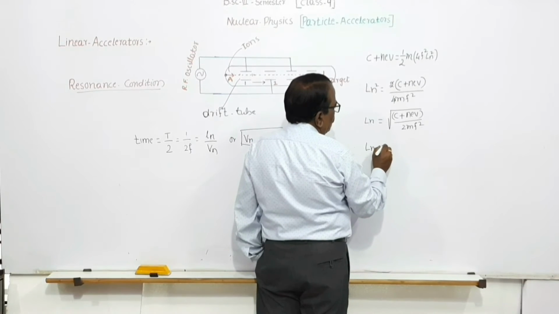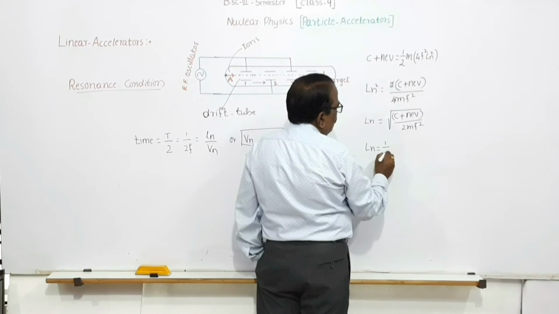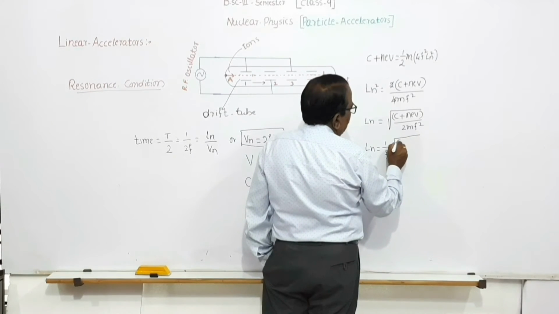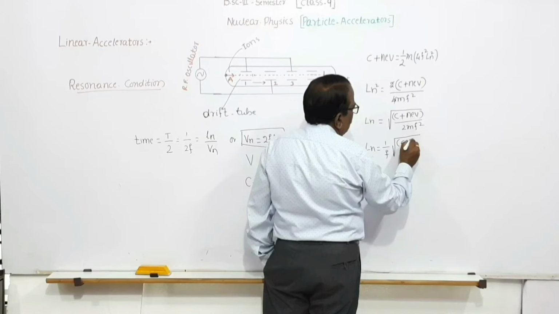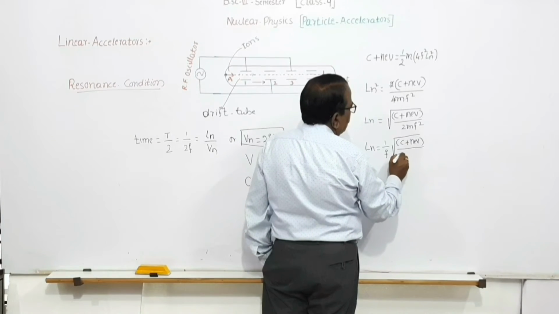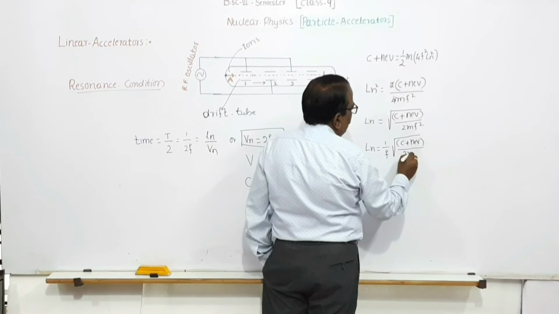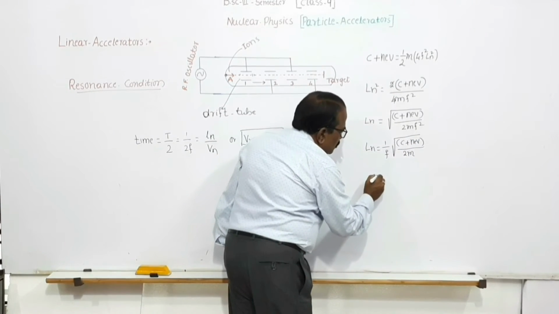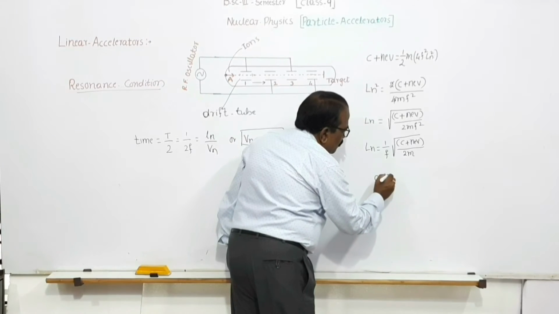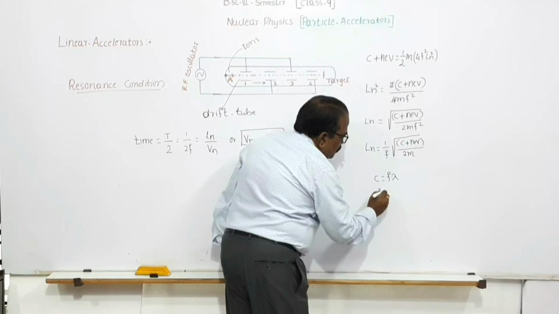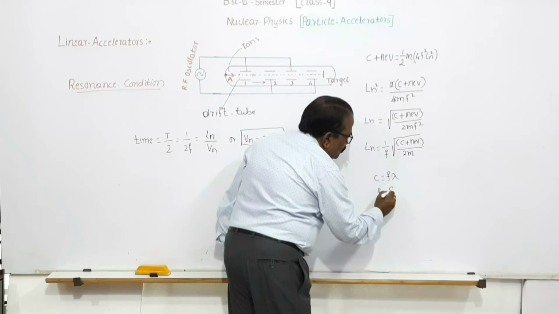Ln is equal to 1 upon f into square root of C plus NeV upon 2m. But you know that c is equal to f lambda, so f is equal to c by lambda.